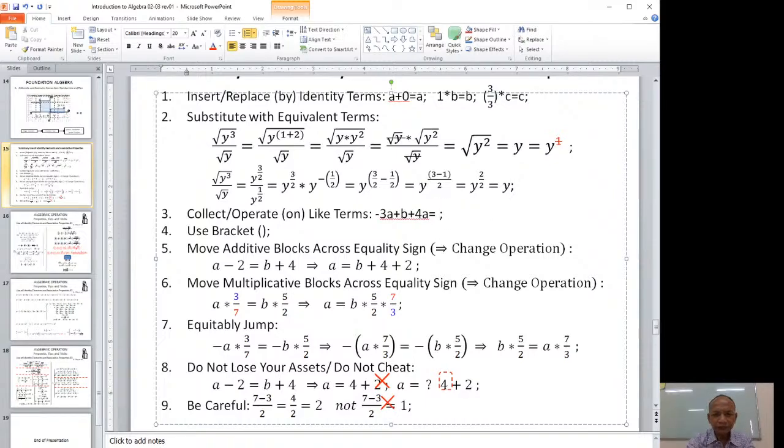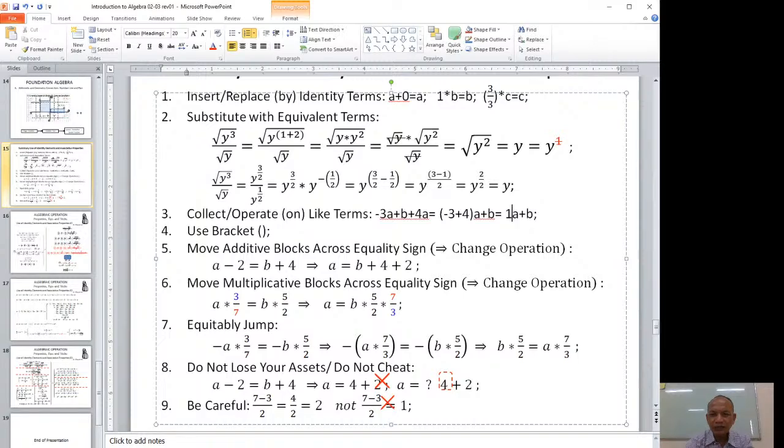We get negative 3 plus 4, which means 1a, plus b.